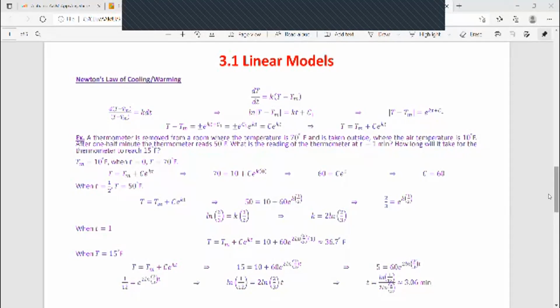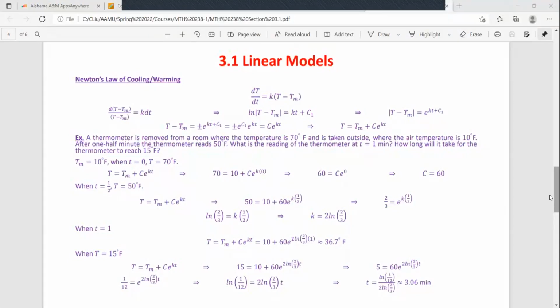So today we just continue with linear models. So the first topic or example is called Newton's law of cooling and warming, which we already introduced in chapter 1, I think, about this problem.